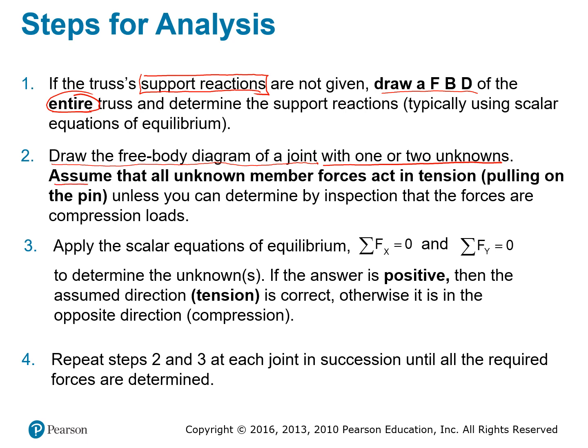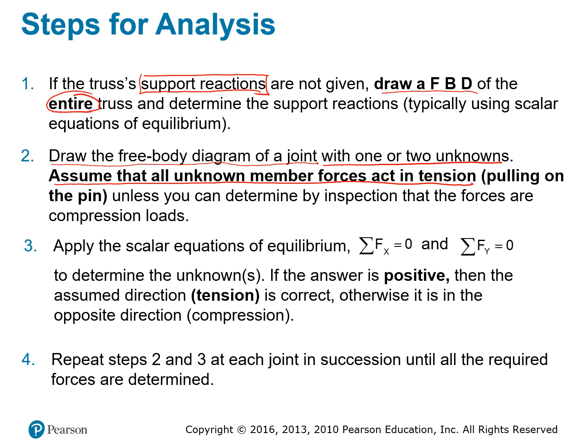And you can assume that all unknown member forces are in tension, unless you know that it is going to be in compression. And again, this is really not necessary, but making this assumption might be easier for you.